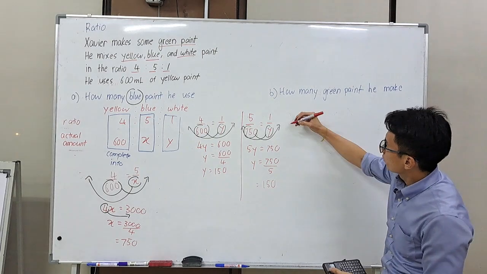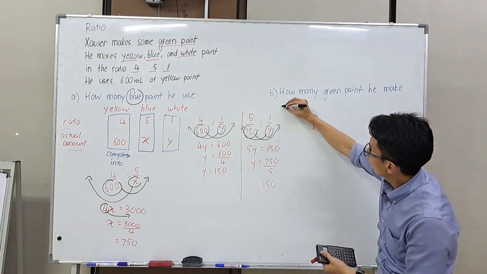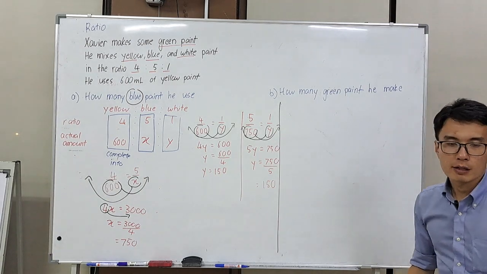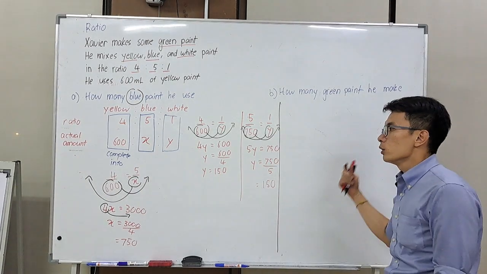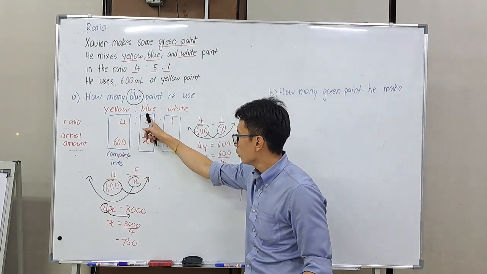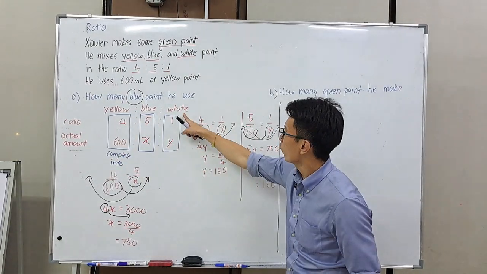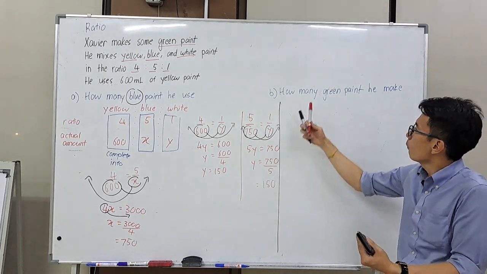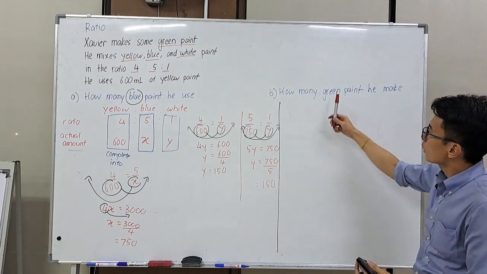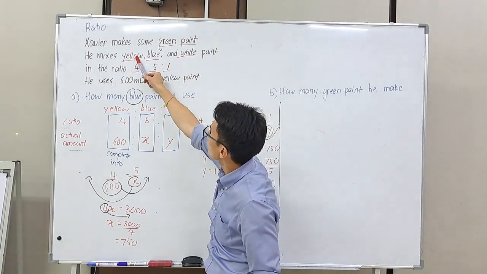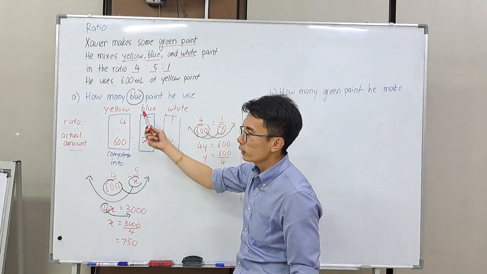Now last part over here. This part says, how many green paints does he make? Now over here, of course, we can do the simple method because we know how many yellow we have, we know how many blue we have, we know how many white we have. So by right, you just add up how many green paints he makes. To make this green paint, I have to mix this one and this one, right? So what's the actual amount?